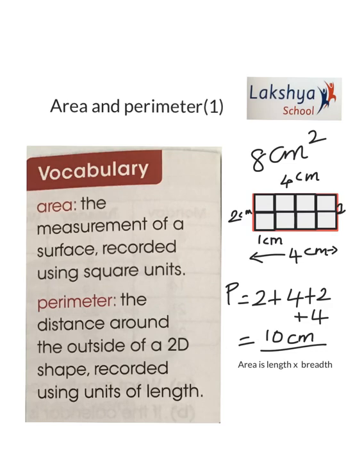But how do you find it using the formula? Area is length, which is 4 centimeter, into breadth, which is 2 centimeter, giving me 8 square centimeter or even centimeter square, which is the unit of area.